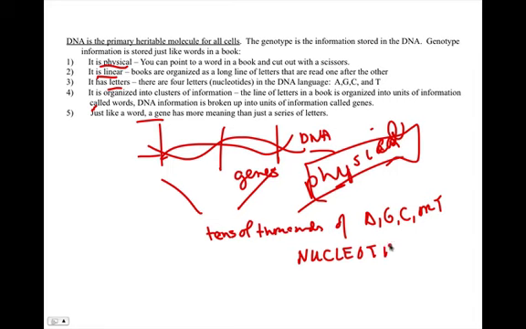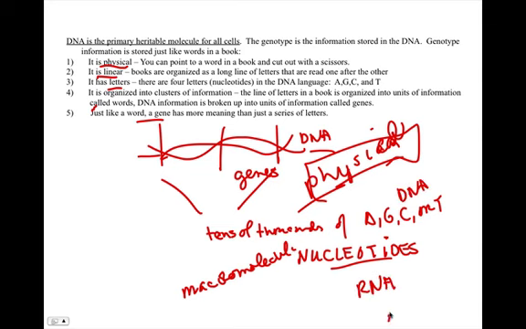So the monomer building blocks of DNA, back to chapter 5, are nucleotides. This is DNA. RNA uses the letters A, G, C, and U. So that's the difference between DNA and RNA.